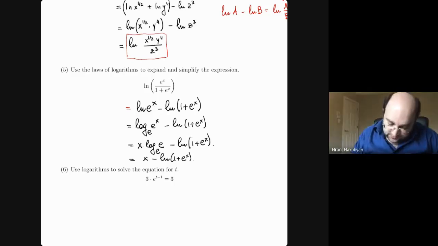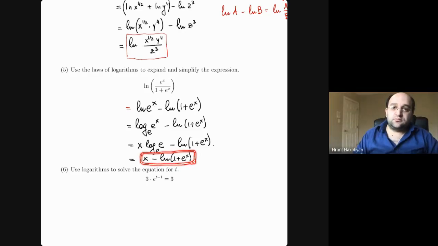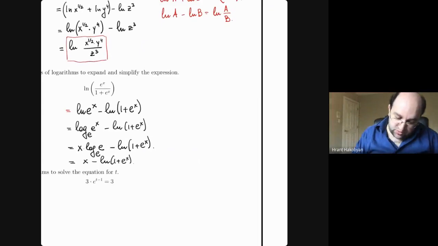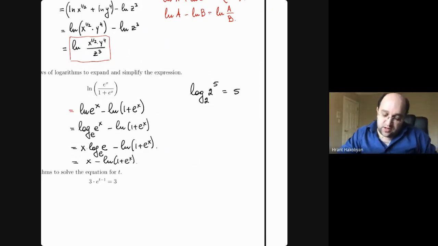Did that make sense? Is it clear how I got this? No? Not really. Let me do this again. If I have, like we were doing, logarithm base 2 of 2 to the power 5, what's this? This is 5, right? Because this is saying what power do I need to raise 2 to get 2 to the power 5?